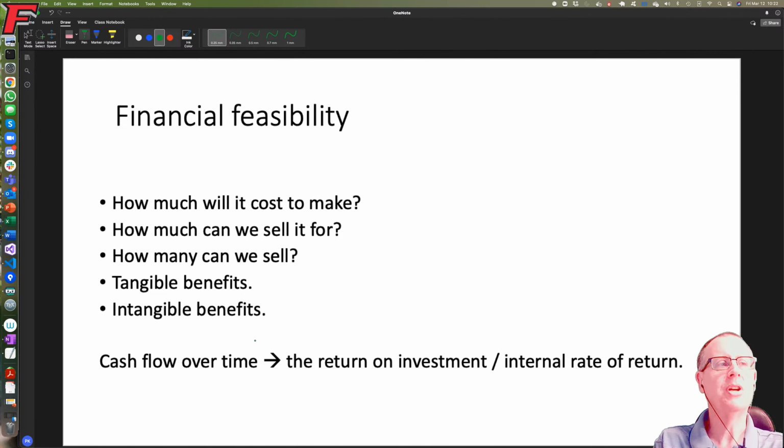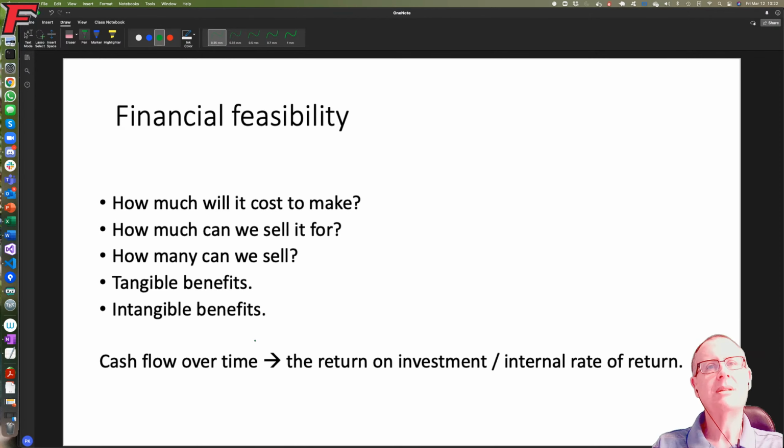But I do want you to go through the costings and the exercise of figuring out what you think it could sell for. How many can you sell? How big is the market? Who are your customers? What do they want?